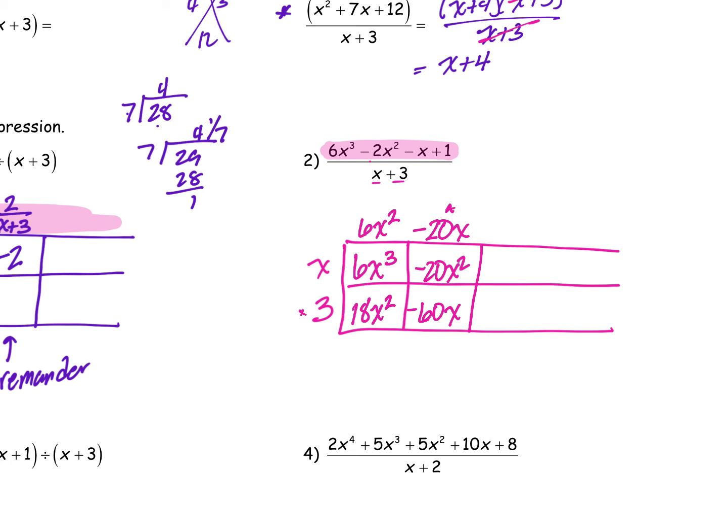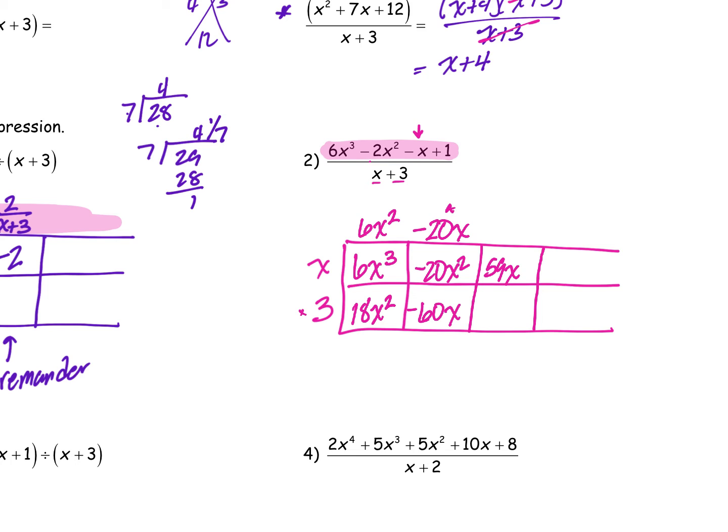Okay, what am I going to add to negative 60x to get negative 1x? 59x. Good. And now I have 59x.